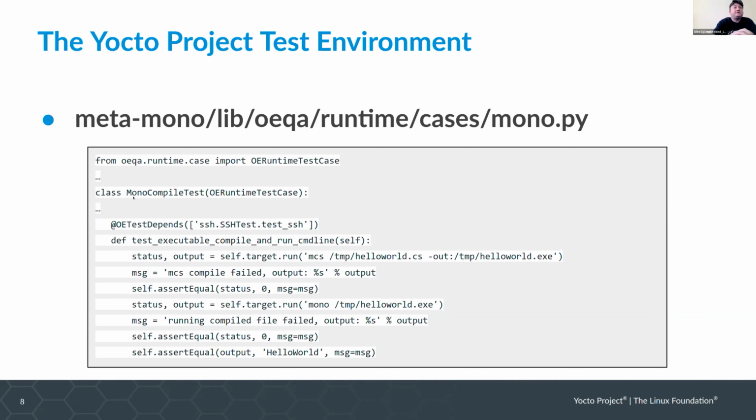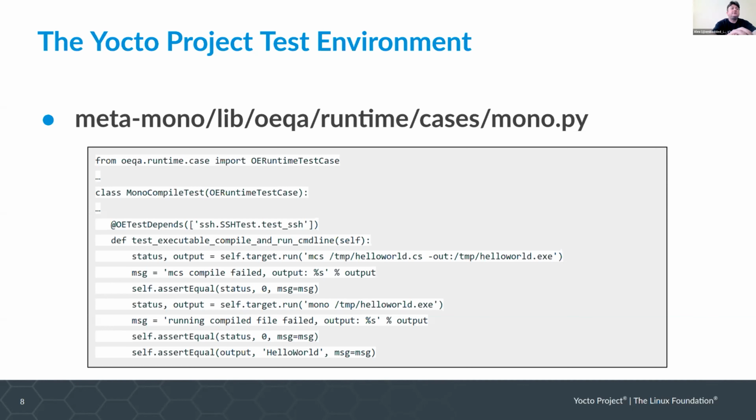Here you can see a basic starting point: a mono compile test class, which requires SSH to be available, because the tests run inside a QEMU emulator, whatever architecture it might be. It brings up the emulator, runs the image I've built for it, connects in, runs these tests and goes, yeah, that all worked, or no, it didn't.